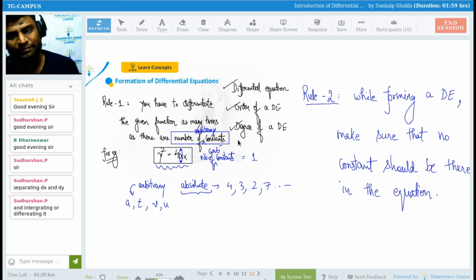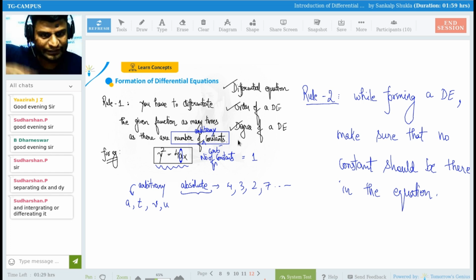While forming a differential equation, make sure that there should be no constant in the equation. Okay, so first rule is you have to differentiate it as many times as there are number of constants, and then you have to eliminate all the constants while converting it into an equation.